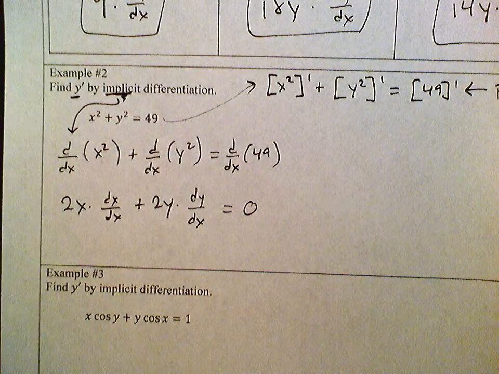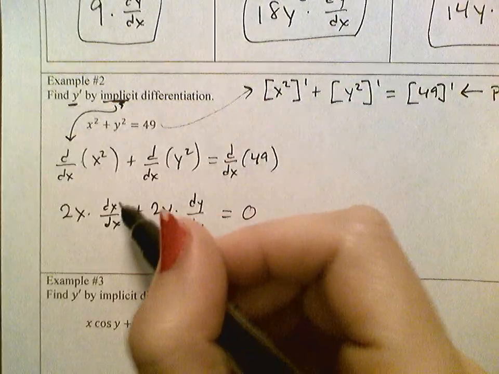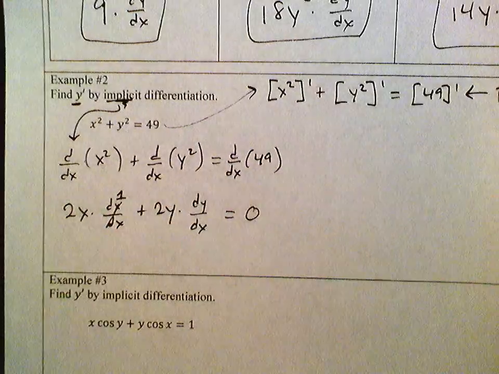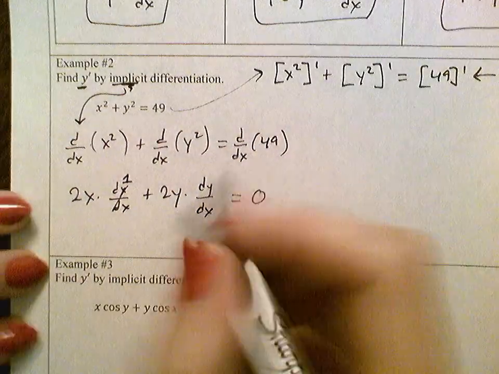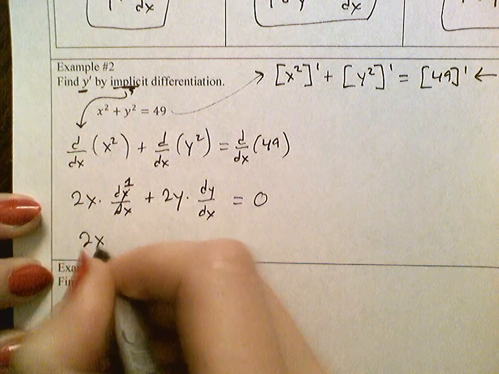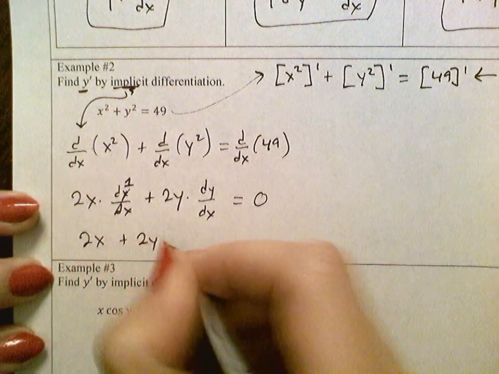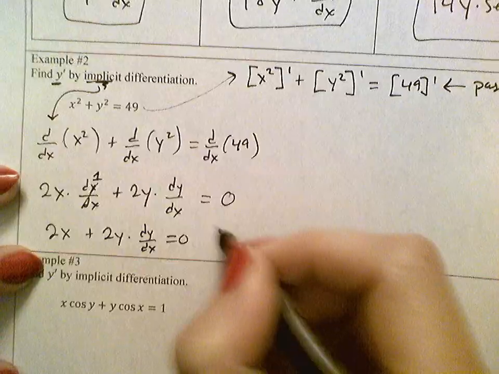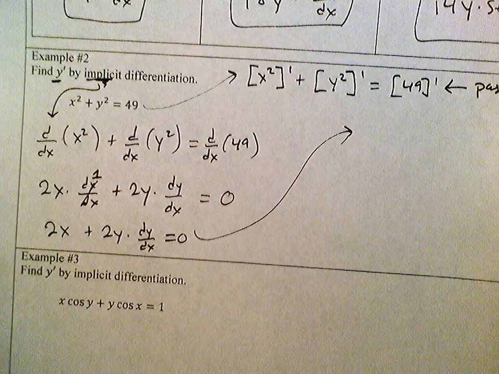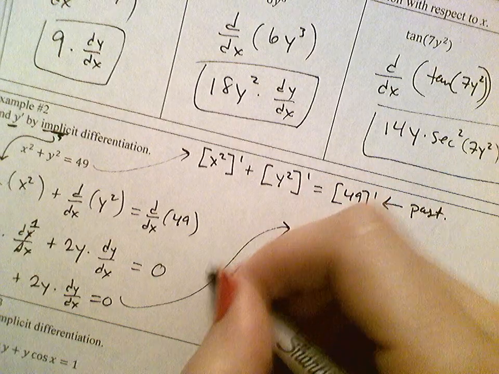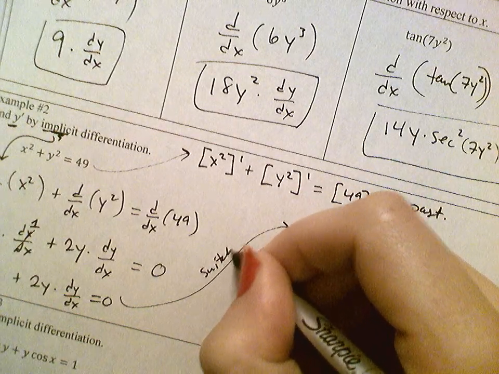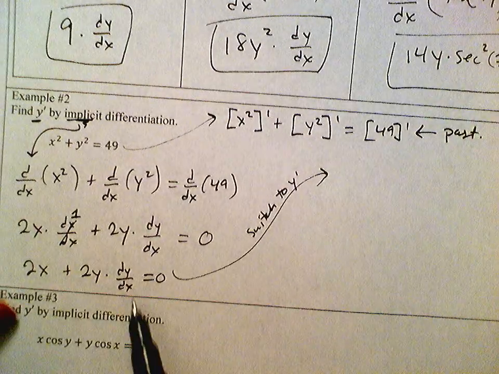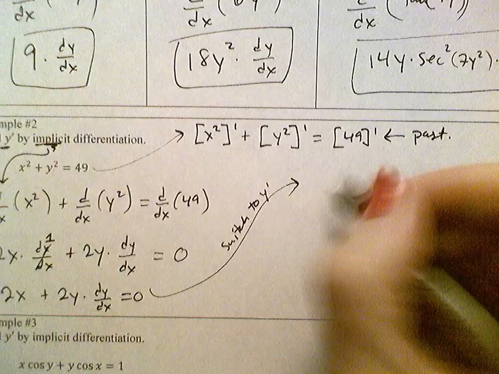Okay, now the next observation to make is that dx over dx is just 1. So we actually have 2x plus 2y dy dx equals 0. And now I'm going to switch to y prime. So dy dx is y prime.